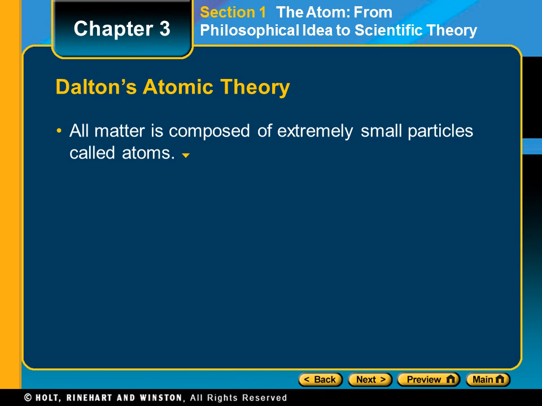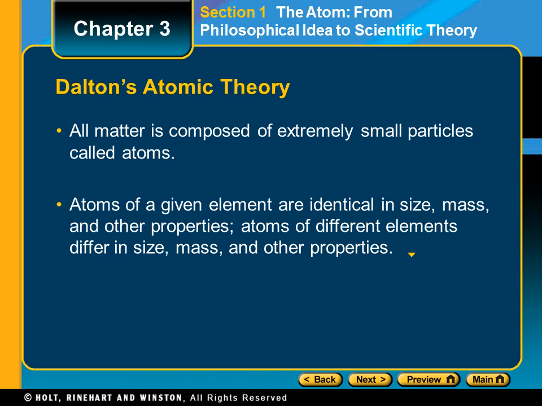So we move on to Dalton's atomic theory, and Dalton basically stated that all matter is composed of extremely small particles called atoms. Okay, the word atom comes from an older word that basically means indivisible.